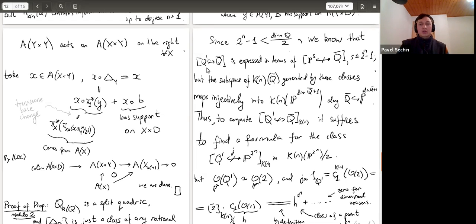Therefore, if you want to compute the formula for this class in terms of these classes, what you can do is compute the formula for Q' in terms of the classes of linear subspaces, but now in the projective space. So the problem is even simpler.